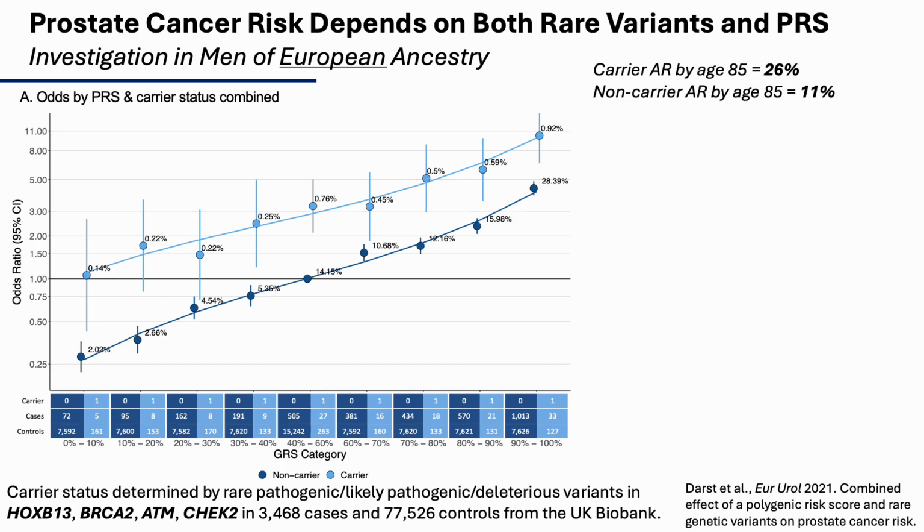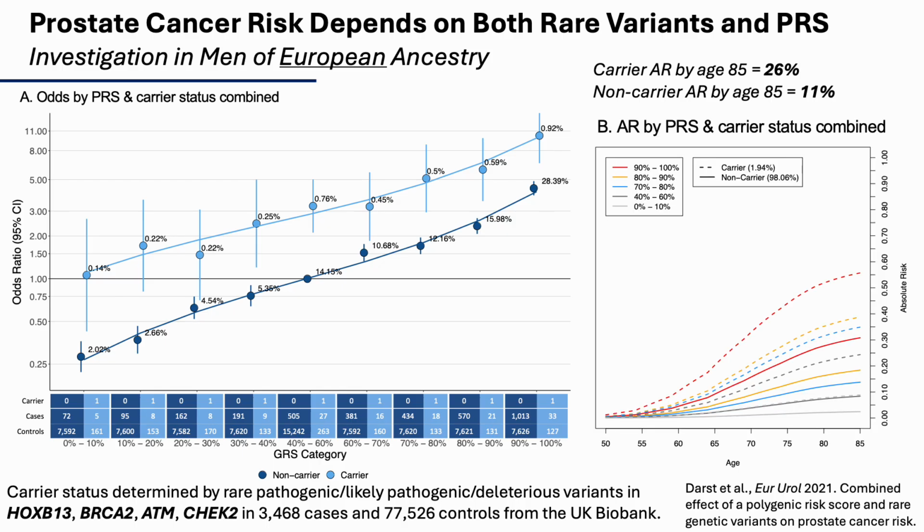We also found the absolute risk of prostate cancer by age 85 in carriers was about 26%, and in non-carriers it was about 11%. But again, if you incorporate polygenic risk score information into those absolute risk estimates, you can actually see that among non-carriers, absolute risks range from about 2% all the way up to about 30%, just looking at the solid lines in this figure here.